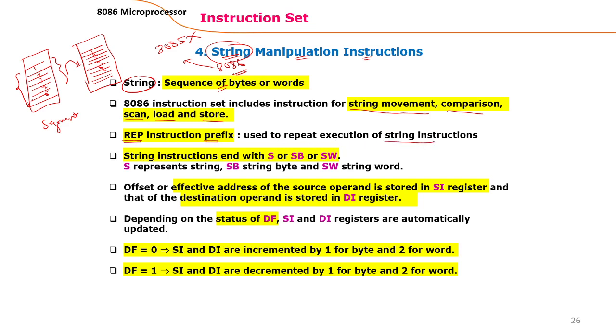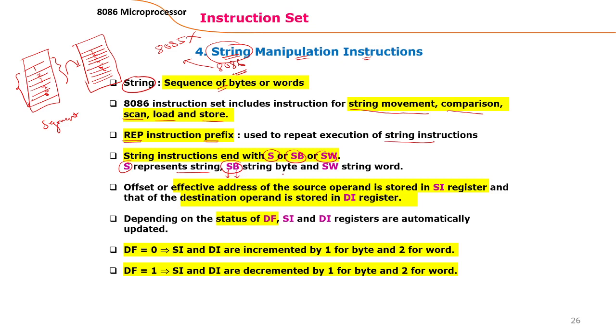In the string instruction mnemonics, there are some symbols that are used, like S, SB, and SW. If S is written, it means any string related operation. If SB is written, it is a string operation performed byte by byte.